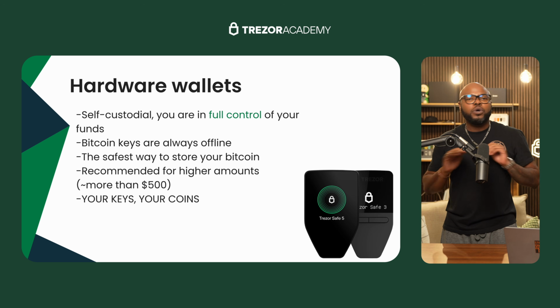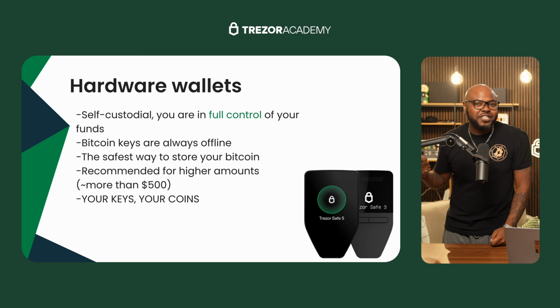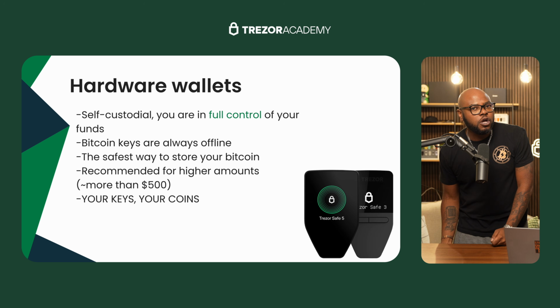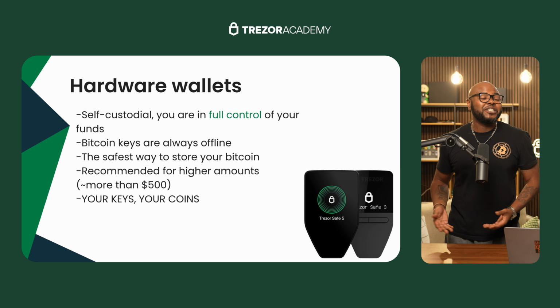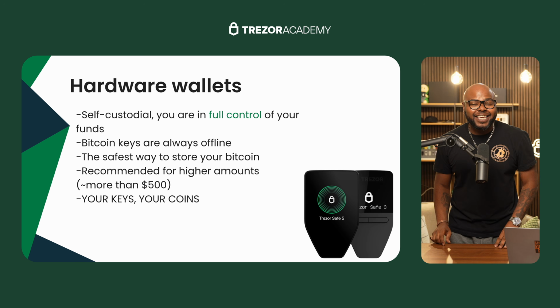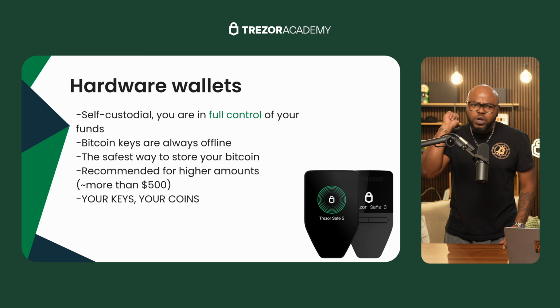The keys are always offline because this hardware wallet isn't attached to the internet all the time. Think of it like a pen in your drawer that you only bring out to sign a check. It's weird to use this terminology now because we don't have checks anymore, but when we used to have checkbooks, if you just had that one pen, it's the only pen that signs that checkbook, a fountain pen maybe.